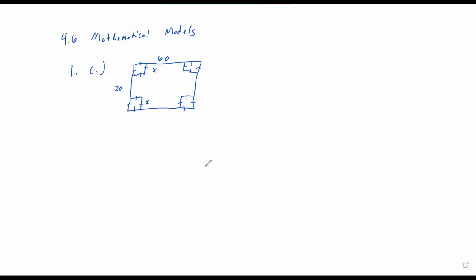Part C is asking what is the maximum possible volume, rounded to the nearest whole number. To do that, I need to produce a volume equation. I can't just say 20 times 60, because that would be area. I have to have the x involved, which is the height. So the height is x, times the length and the width. Now it's not going to be 20 anymore because I cut these squares.